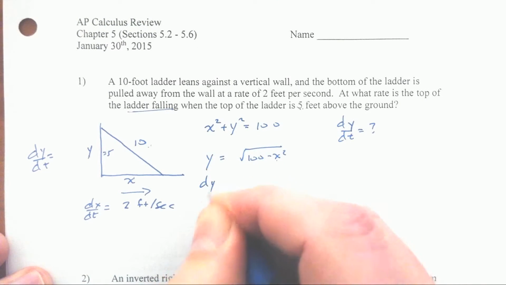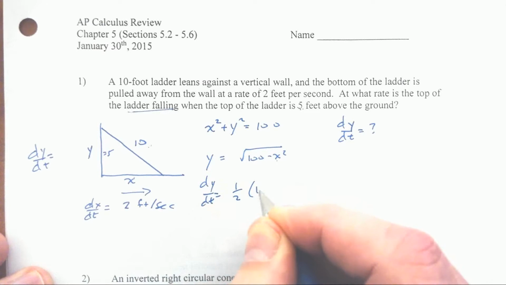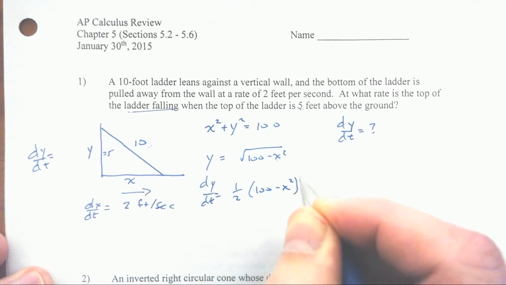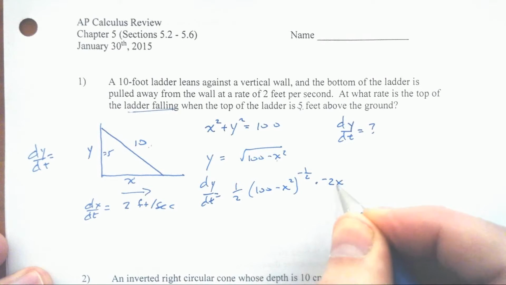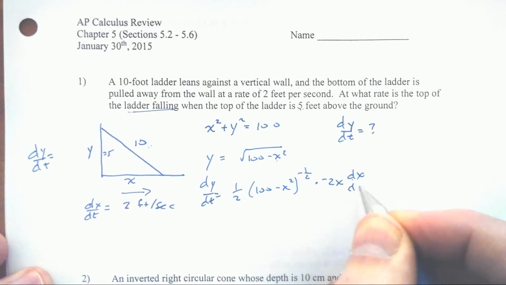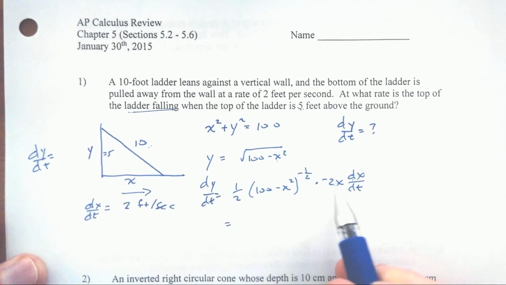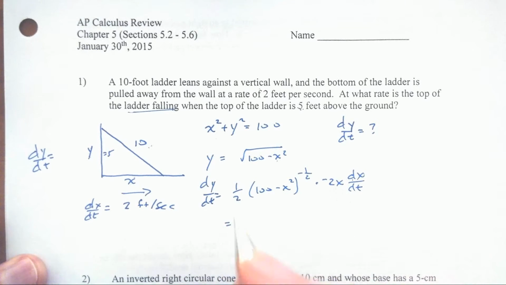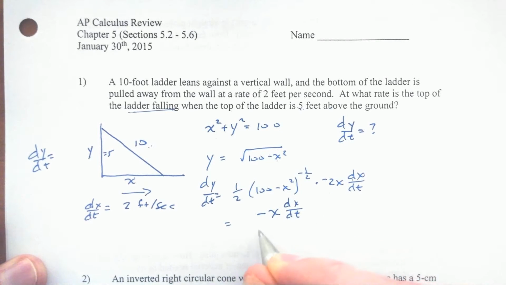So let's go. dy/dt is, we ought to be good at this by now, 1/2 times (100 minus x squared) to the negative 1/2 times negative 2x dx/dt, chain rule. So the 2 and the 2 cancel. I get negative x dx/dt over the square root of 100 minus x squared.